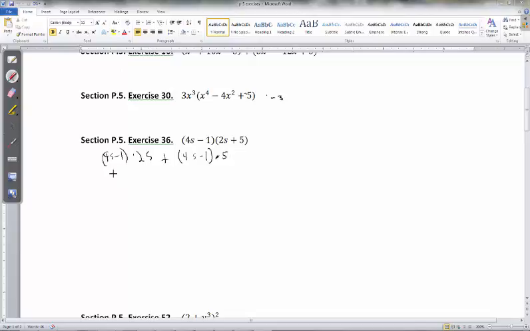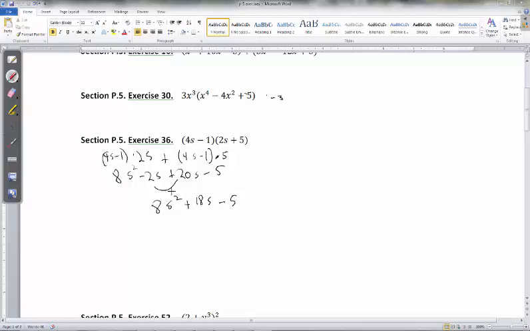When you multiply that out, you will get 8s squared minus 2s plus 20s minus 5, and then you can combine the like terms in the middle, and you get 8s squared plus 18s minus 5.